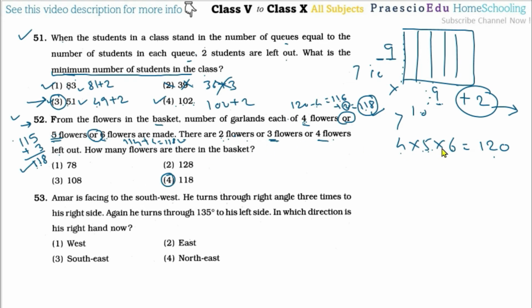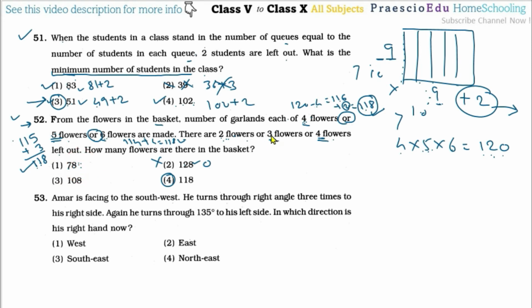But if you check, after 120 there is 128, so this can be directly divisible by 4, meaning there is a remainder 0, so this cannot fulfill the 4 flowers remaining. Okay, and after this, 78. So 78 can be divisible by 5 flowers, but after this the 2 flowers are remaining, while here 3 flowers are required, because when 75 is taken out, 3 flowers are remaining, so these conditions cannot be fulfilled.